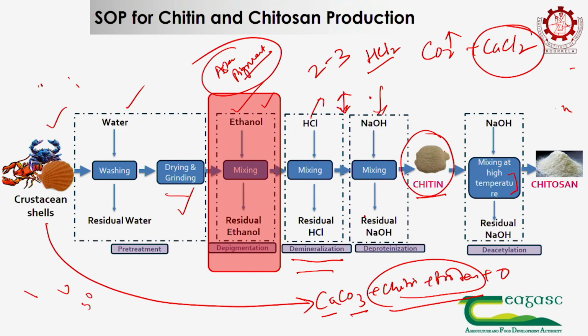This chitin can be converted into chitosan, or even if this chitin is added to the soil, it will act as a biofertilizer because chitin contains nitrogen. Even after demineralizing, whatever is left over, protein plus chitin, is also a sort of biofertilizer because protein contains nitrogen that also acts as a fertilizer.